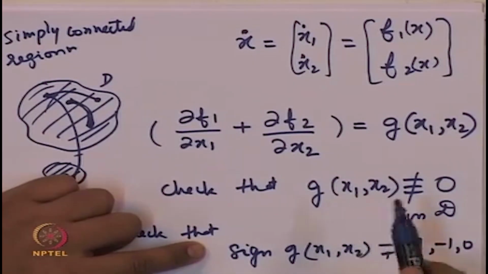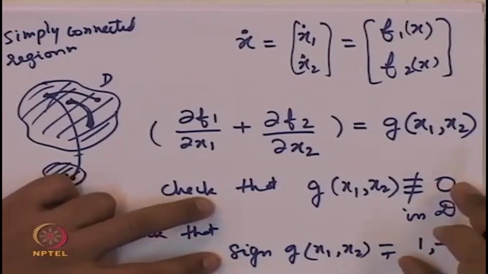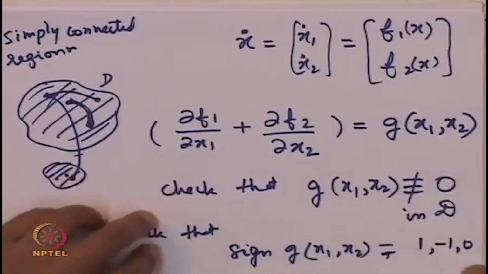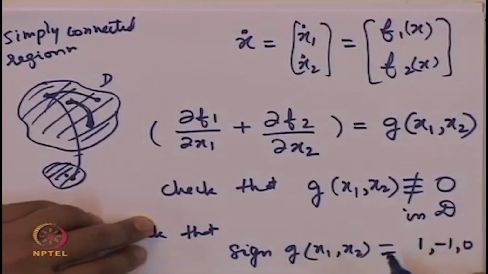It is allowed to be 0 at a few points, in which case the sign is equal to 0, that is not of concern, but it should not go from 1 to -1 or -1 to 1. If D satisfies these two properties, at all points in D, G satisfies these properties, then the Bendixson criteria says that there is no periodic orbit lying entirely in D.